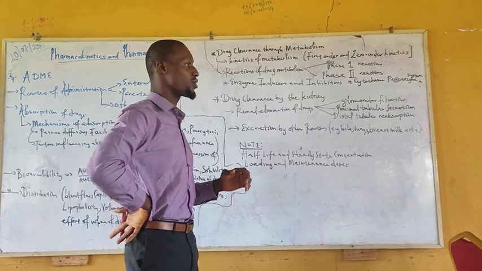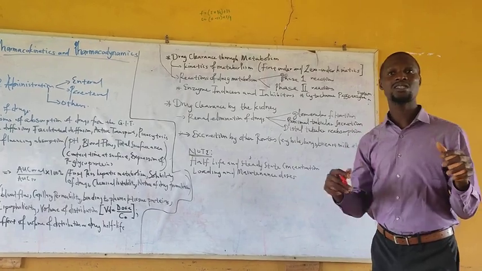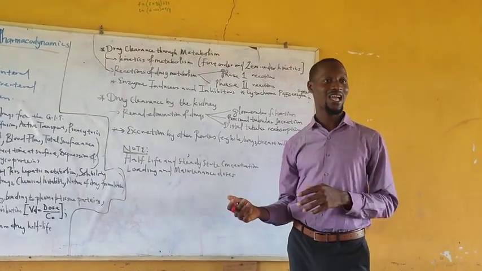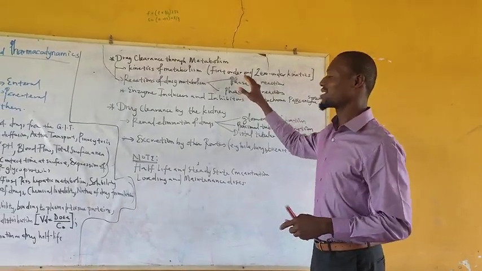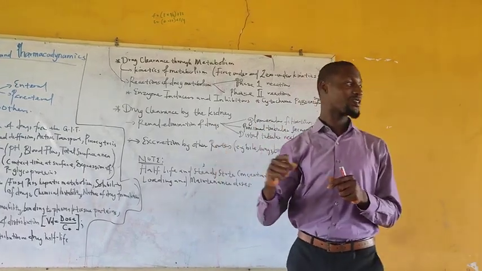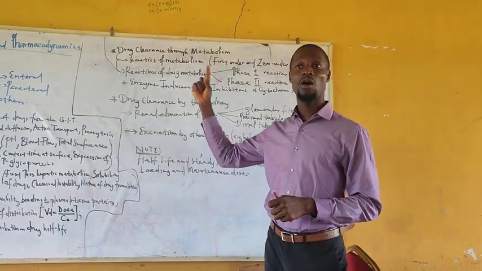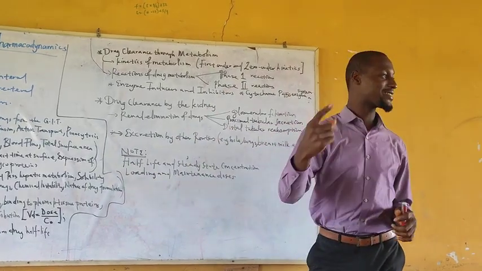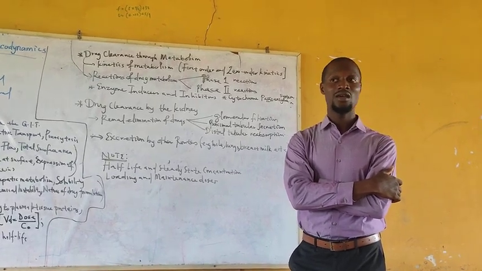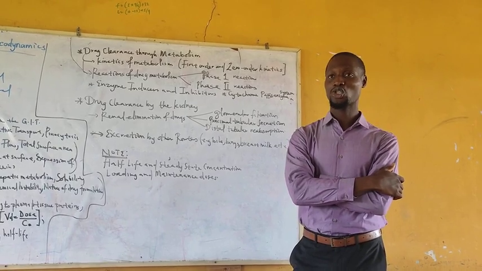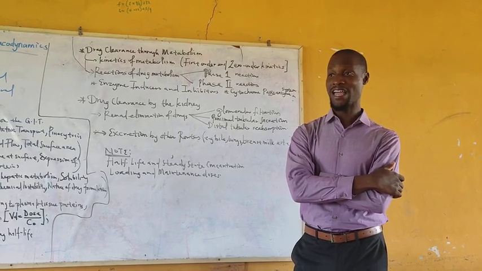What is the difference? In both of these, we're looking at what quantity of the drug was administered. In first order kinetics, a constant fraction or percentage of that drug is metabolized per time.